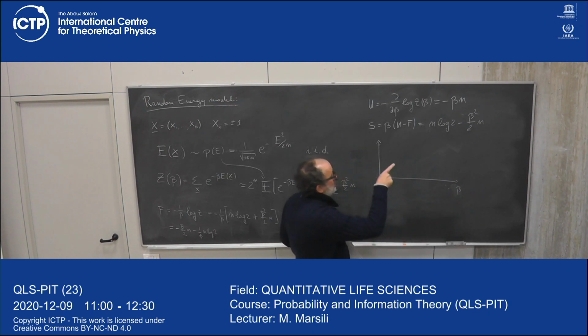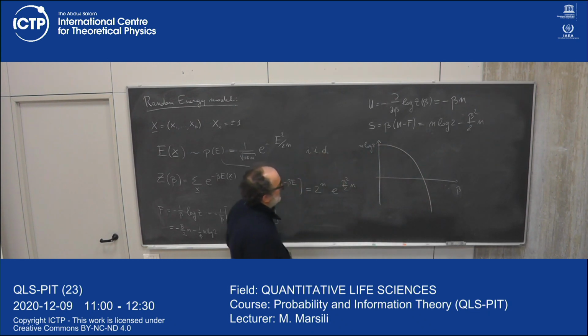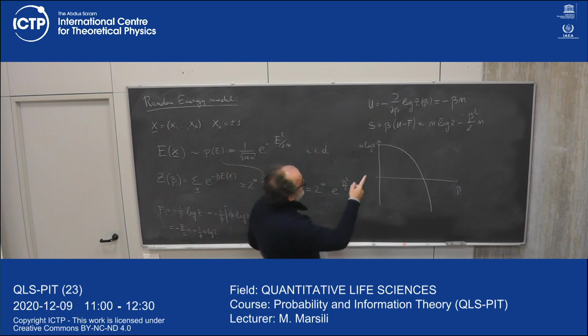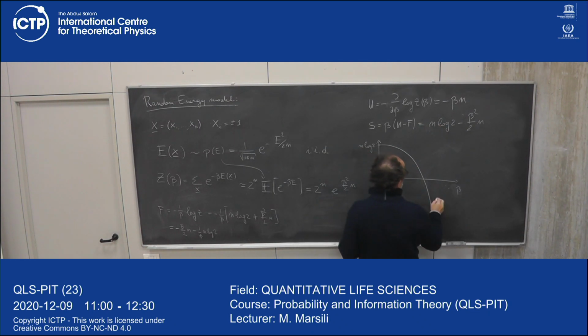So when beta is equal to 0, which means infinite temperature, then the entropy is n log 2. Okay? And then the entropy decreases just like a parabola. The energy, on the other hand, just starts. Let me do it with a different color. So this is the entropy.